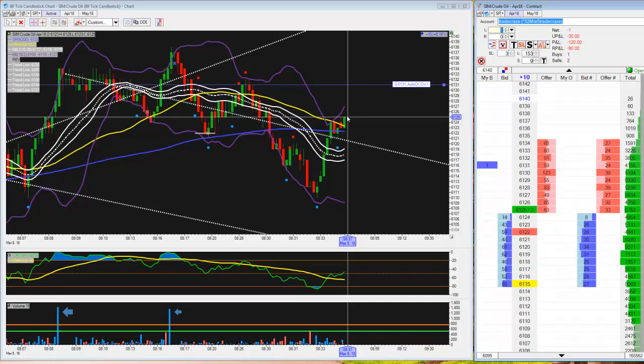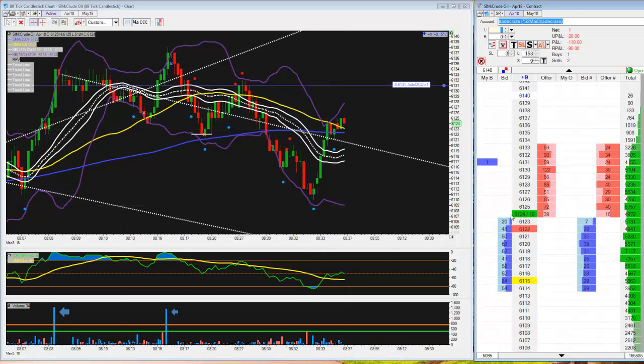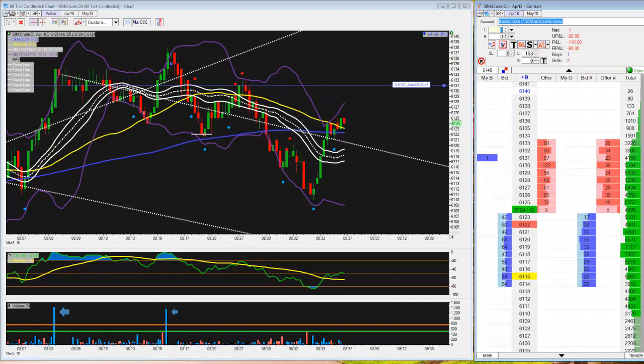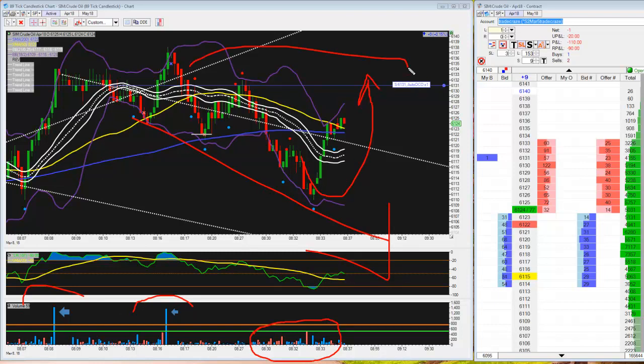Honestly, this is what confuses me the most in trading. A lot of times when I'm looking at volume, I'm seeing this right here, I'm seeing this move, and then we see this. And you just put a big question mark on and say, why?